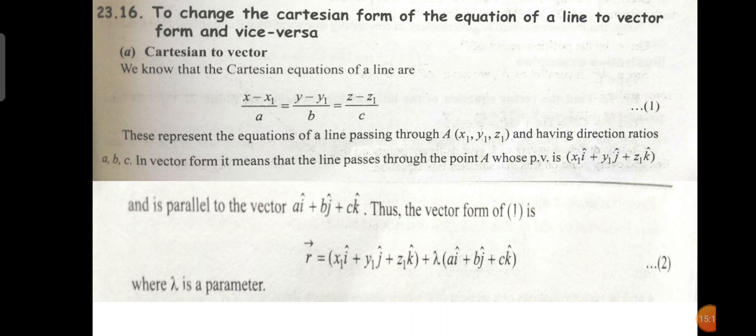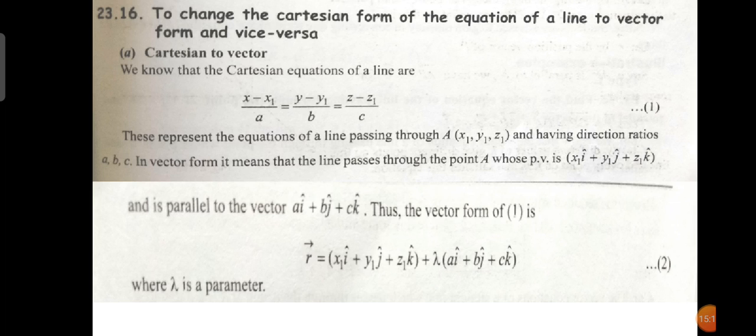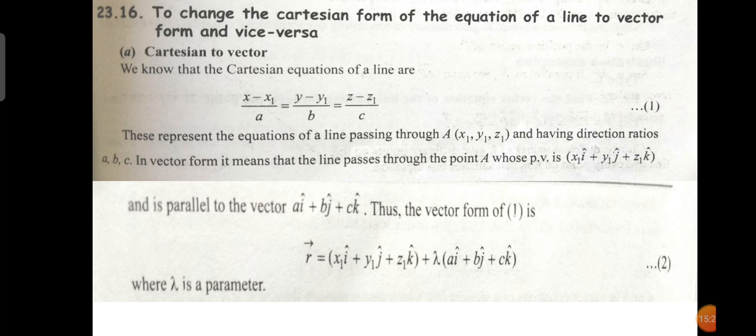So the first equation is the Cartesian equation, the second equation is the vector equation. This is how you change it. I think all of you understood. The direction ratios a, b, c have been changed to the vector ai plus bj plus ck. x1, y1, z1 is a point A, and the line passing through that point with direction ratios a, b, c, in the vector form, is the line passing through A whose position vector is x1i plus y1j plus z1k.